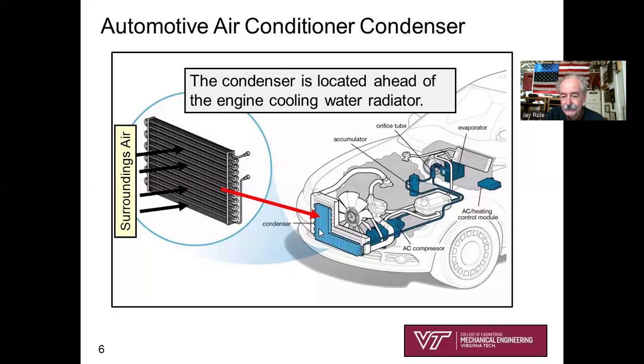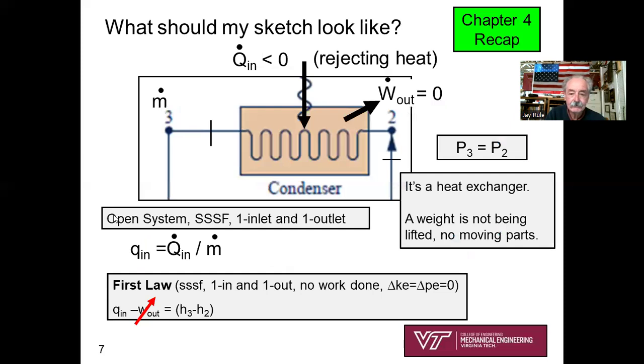It's going to be located in a very similar position as your jacket cooling water radiator. So what's your sketch going to look like? Well, this is kind of a recap of Chapter 4, I believe, where you've gotten good experience at analyzing heat exchangers, steady state, steady flow, open system, one inlet, one outlet. So I've clipped out what your condenser would look like.